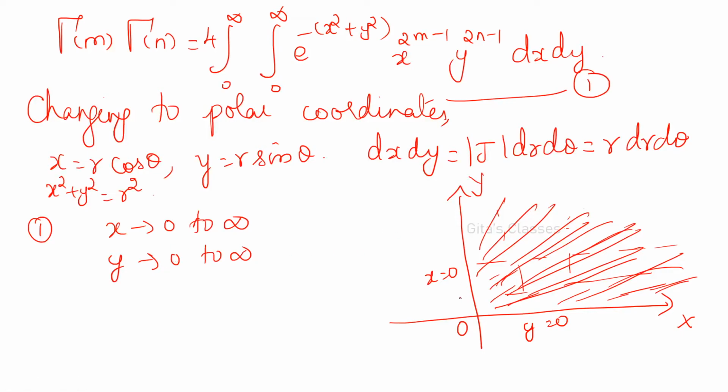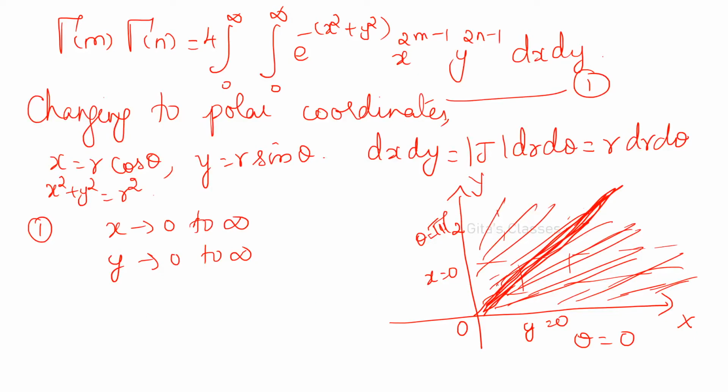Okay. Now changing to polar coordinates. In polar coordinates, this line is denoted by theta is equal to 0, which is called the initial line. Okay. And this line is theta is equal to pi by 2. Y axis is equivalent to theta is equal to pi by 2. Now we consider the strip. So in this strip, how much length?